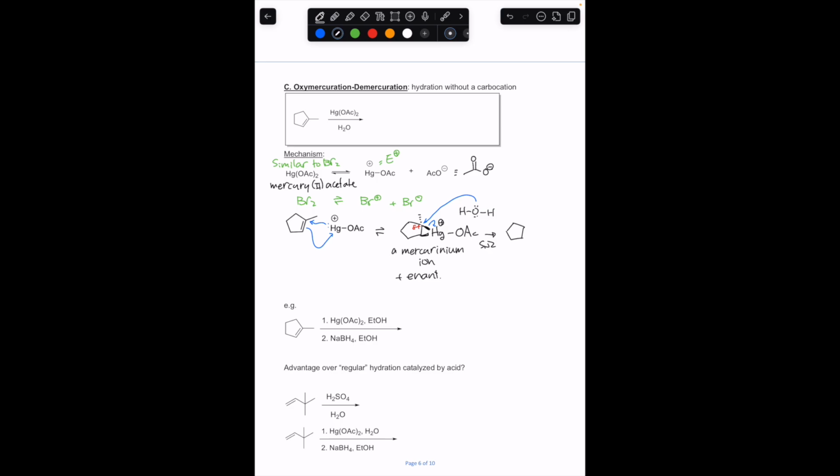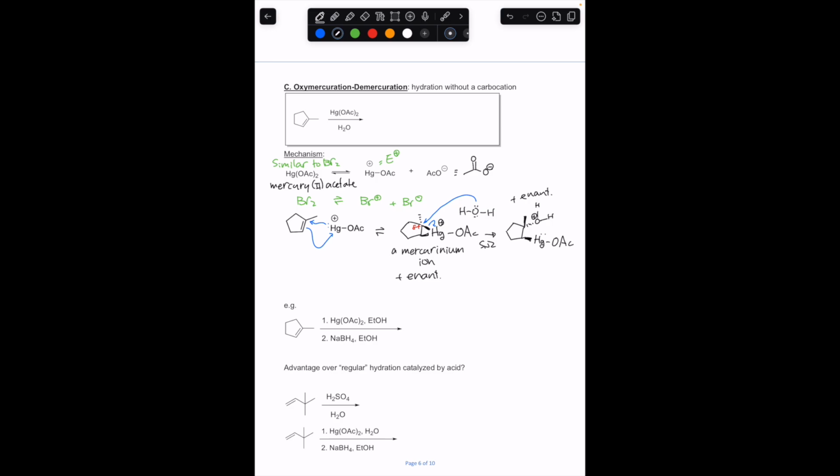Then the water is going to come in from the other side, and the mercury will be on the other side, like so, with the electrons it just gained. And of course, there's the other enantiomer intermediate as well. Okay, so that's what you get.